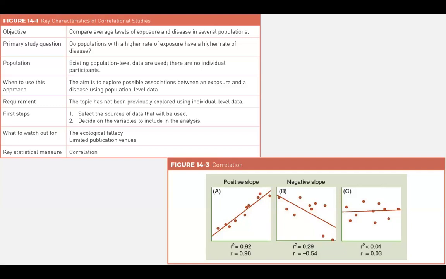So, for example, we know that higher consumption of alcohol is associated with breast cancer. And we know that at the aggregate level. We know that with data collected from hundreds of thousands of people, right? Huge aggregate level data, population level data.